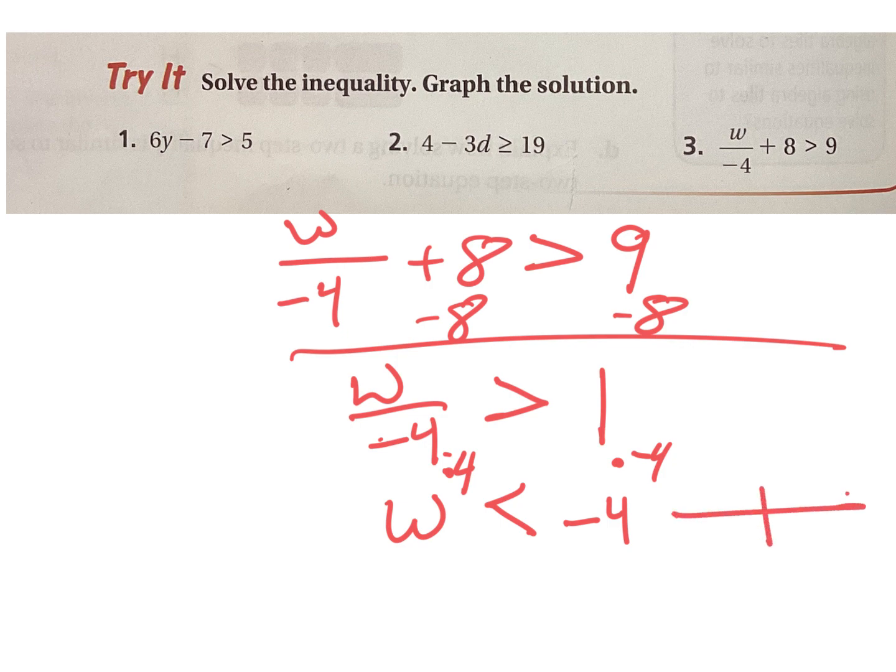Then if I graph it, negative 4, negative 3, negative 5. It can't be negative 4, and it has to be everything less than. So we're going this way. There we go. Let's check negative 5 in it.